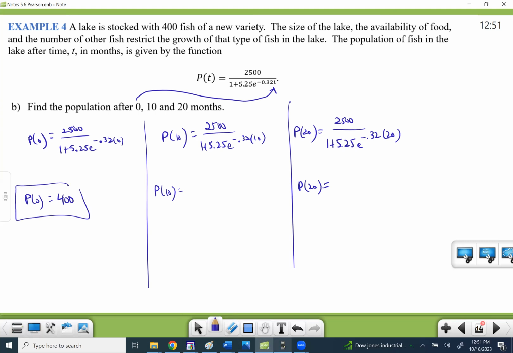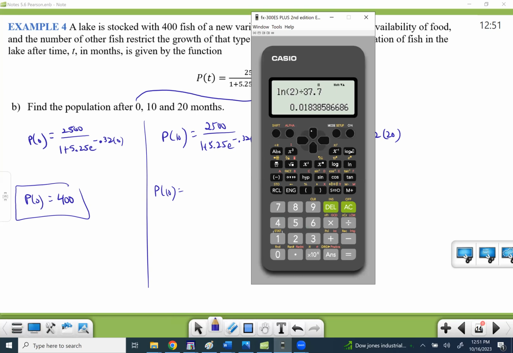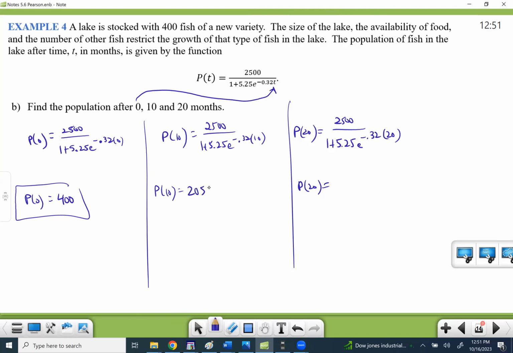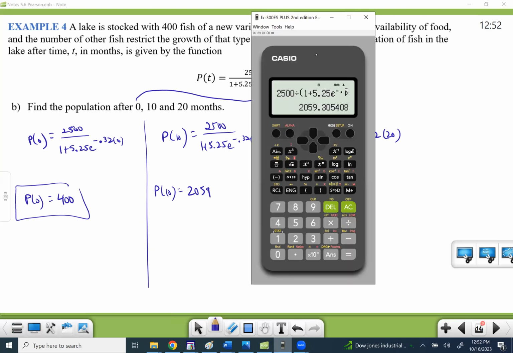All right, let's go in there and just change that guy to a 10. Oops. Yeah. All right, I'm gonna insert a 10 there. All right, so we're getting approximately 2,059 fish.